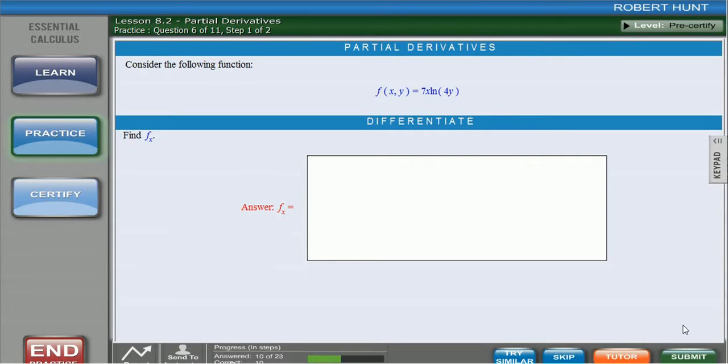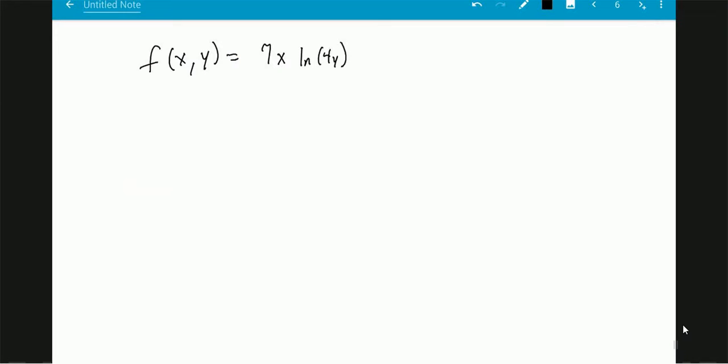Alright, let's do a natural log. It's maybe been a minute since you've seen how to do a derivative of a log. So we've got 7x times the log of 4y. So here's the thing. When I say do the derivative of a log, I'm thinking back in Cal 1 where I have the log of something with x in it.